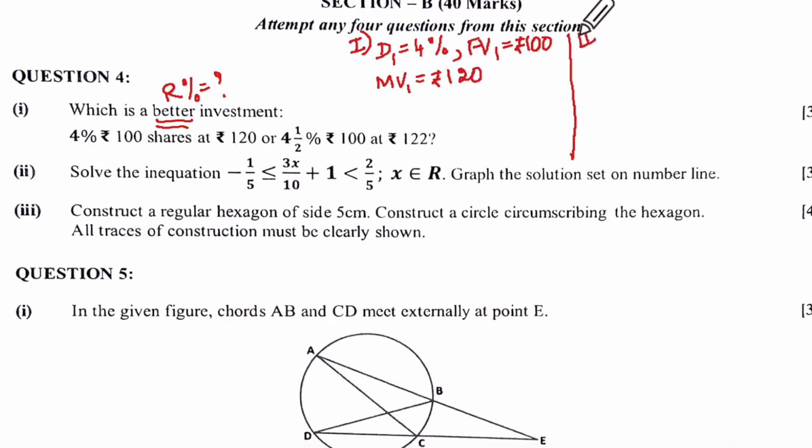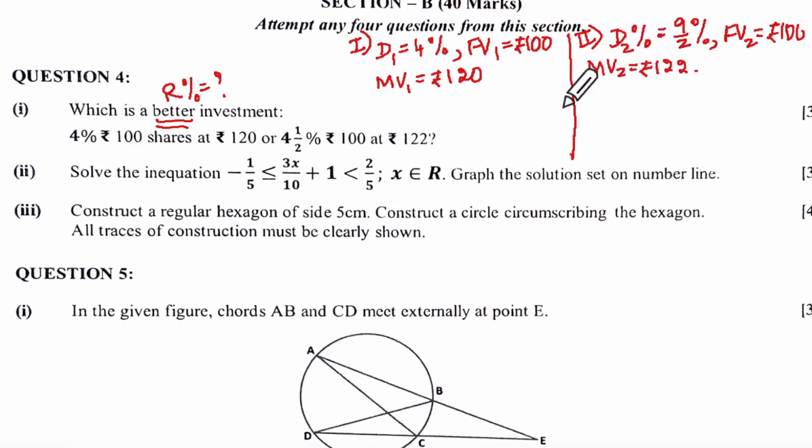And this side you will write the second one. Make sure that you draw the columns, and your D2% is going to be 4.5, which is 9 upon 2%. And again FV2 is rupees 100 and MV2 is equal to rupees 122. So I have to find the return percent. I have told you anytime return percent, what is the formula?